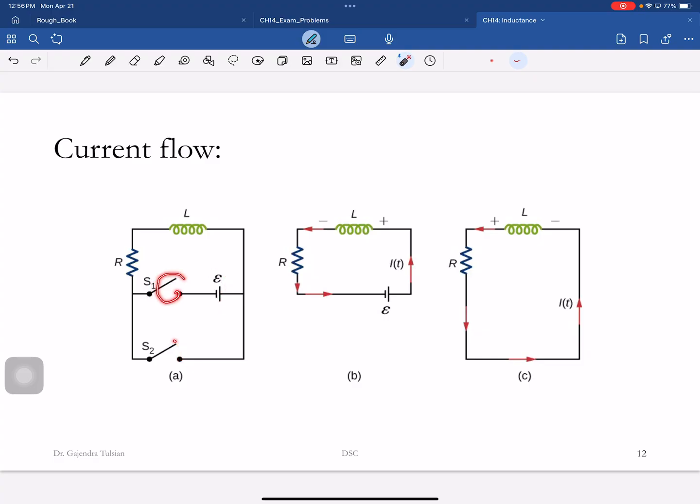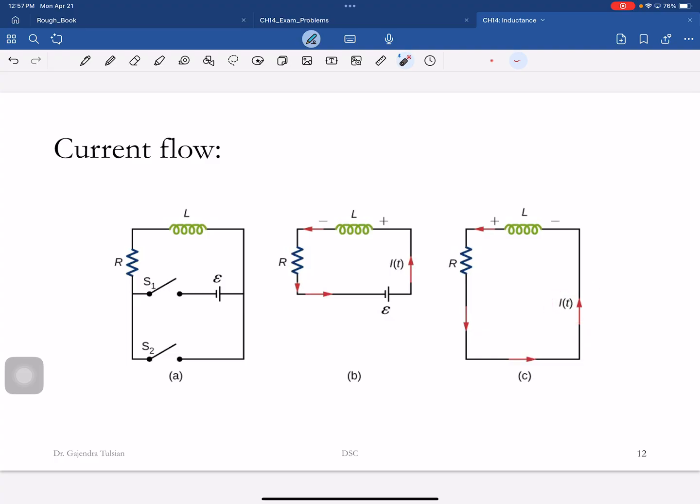So initially the current was going in this direction, and you establish a steady state current, and then you remove this battery, and the energy stored in the inductor is driving that current. So this is what you're interested in. All right, so the current is in this direction, but the current is decreasing.